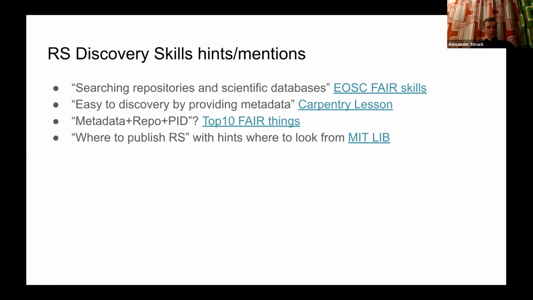The top 10 fair things for research software mentioned that, yes, metadata, again, a repository and a persistent identifier would be helpful to rediscover published software. And the MIT libraries have some guidance on where to publish software with some hints on then where to look for it.